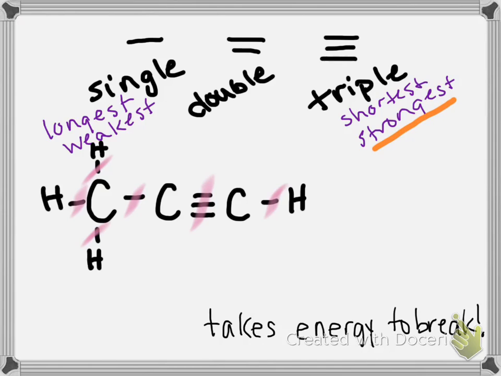You can even think about this with your fingers. If you hold your hands together with one finger from each hand, that would be pretty easy for somebody to break. If you held your hands together by 3 fingers on each hand, then you're going to be a lot stronger and it takes a lot more energy to break.